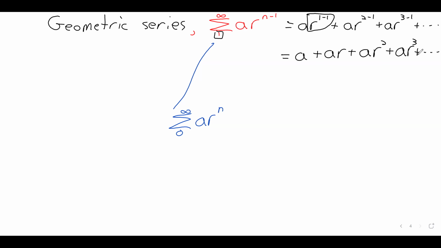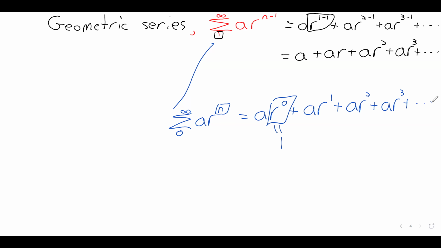And the advantage of starting at 0 is that you don't have to have subtraction there. You start with 0. And you wind up with exactly the same series. r to the 0 is once again equal to 1.